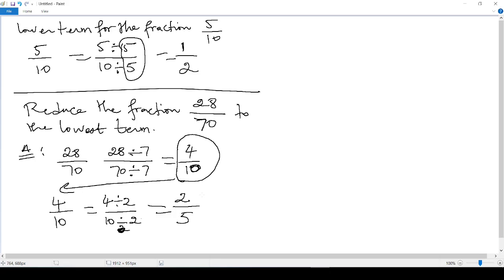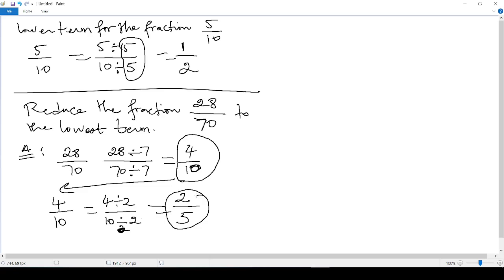So we have another result, and we have to check again. Can we reduce 2 over 5? Do we have any common factor for 2 and 5 that is different from 1? And the answer is no. So that means we stop.